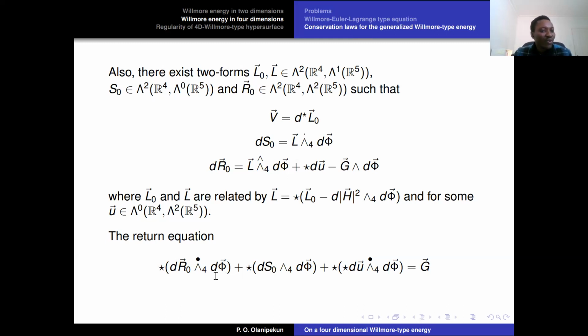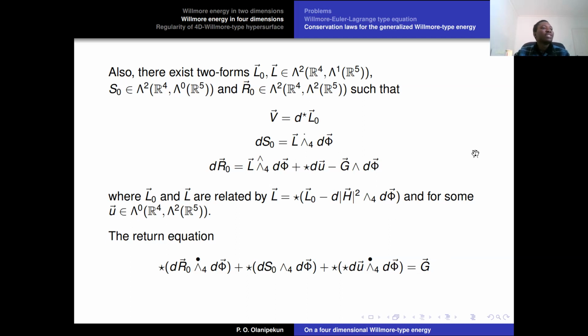They are not just vectors, they are also forms. So this is a one form, for instance, and this is a three form. And star of this gives you a zero form. We are in 4D, so all this is four forms, and star of that is just a zero form. Same thing here. So this guy here is just a zero form, and we can compute this equation. G is some geometric quantity.